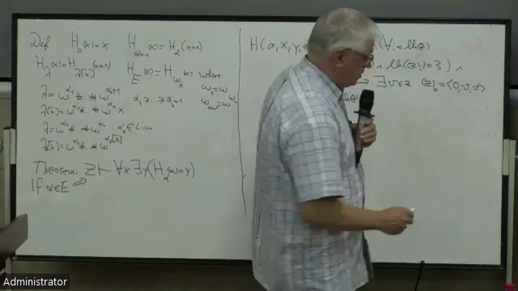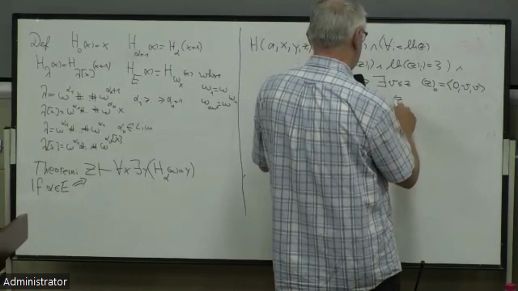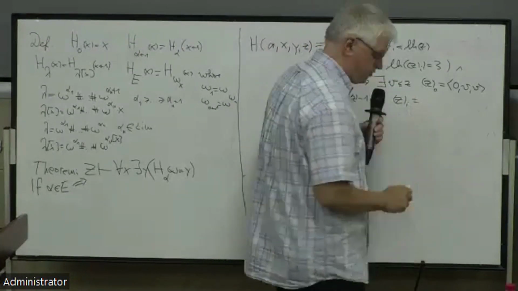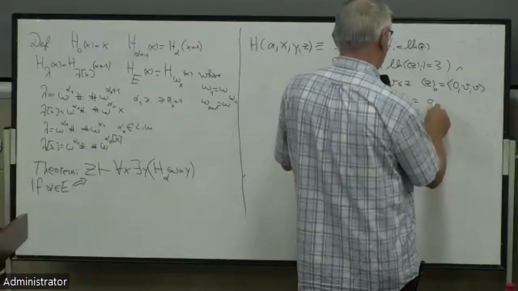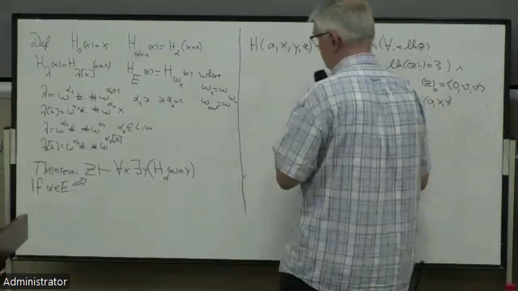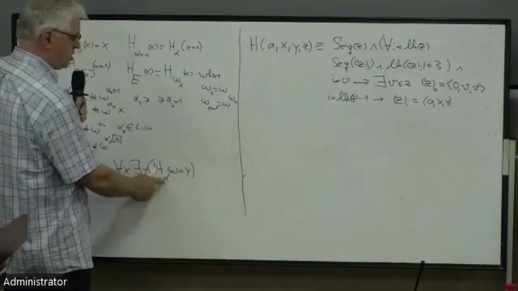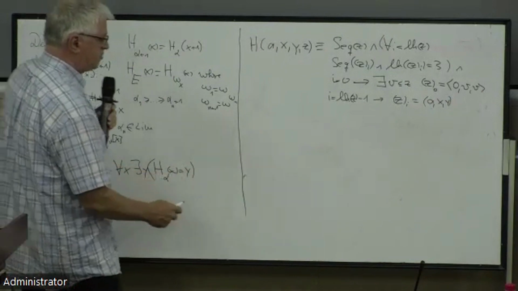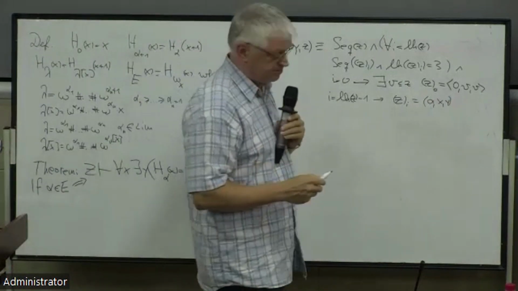Then I want to have that Zi has the form of a triple consisting of A, X, and Y. So at the end of the calculation, I want to have that HA of X is equal to Y. And now I have to figure out what happens in between.